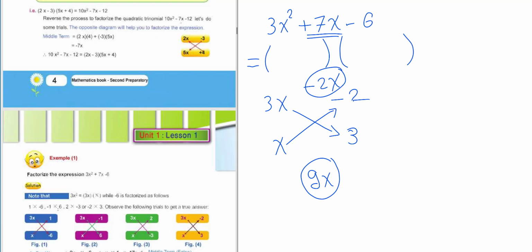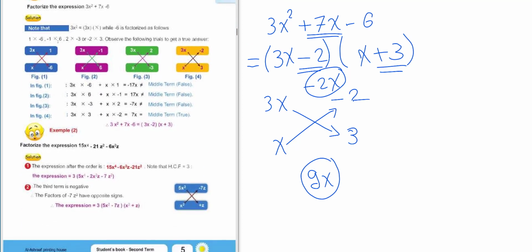So the factorization becomes (3x − 2)(x + 3). The third term is negative, so the signs of the two numbers are different.